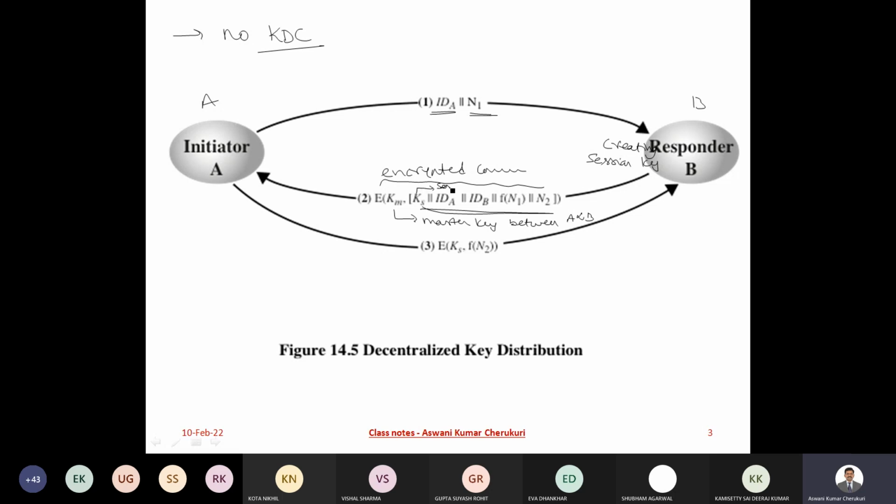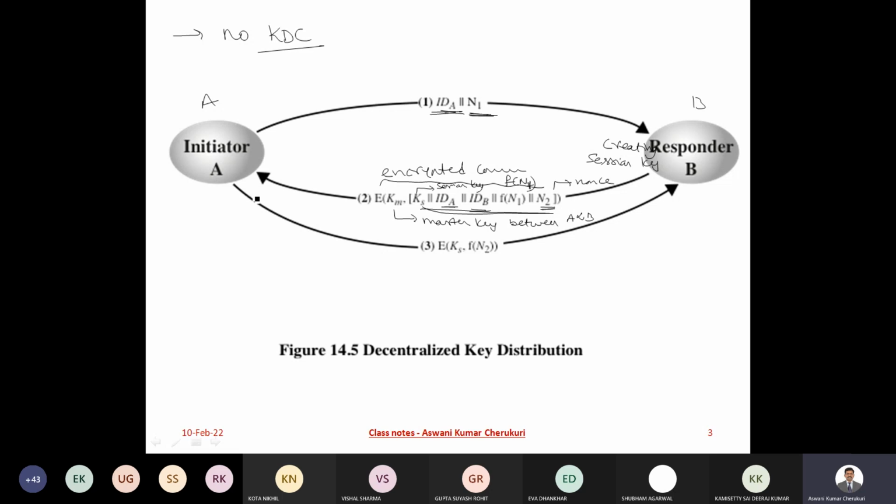The session key, the identifier of A that was sent by A earlier, B's identifier, and the number that A has sent, for which B performed some function f over N1. And in addition, B is sending its own nonce N2.